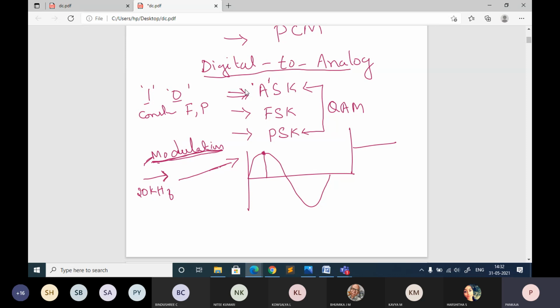In these three methods, you focus on only one characteristic and keep the other two constant. In the first case, amplitude is varied for 1 and for 0, and the remaining characteristics stay constant.